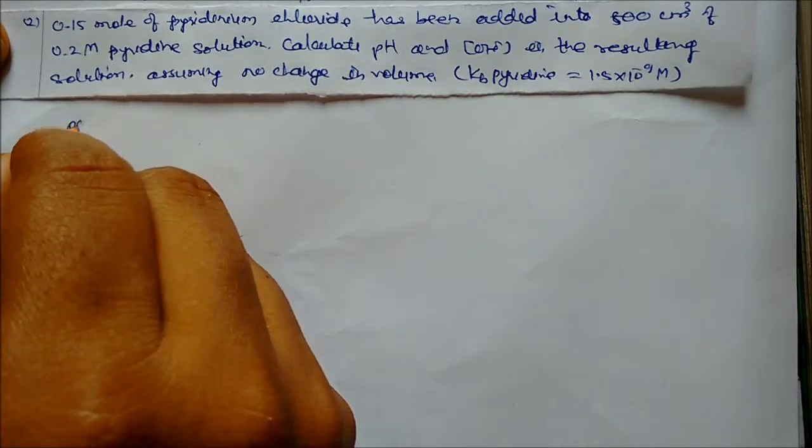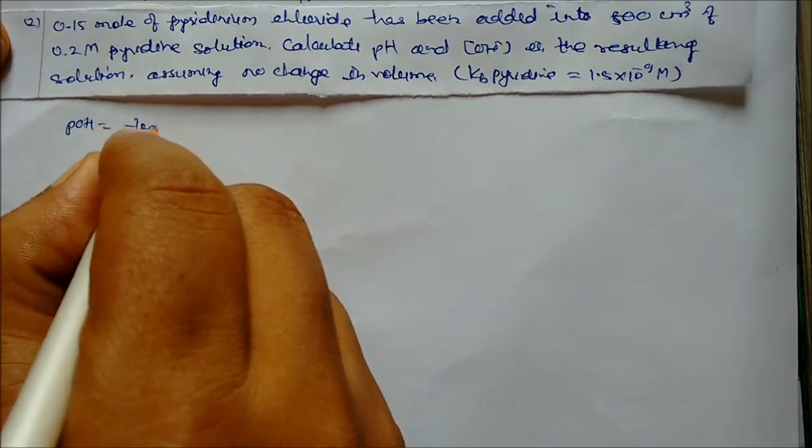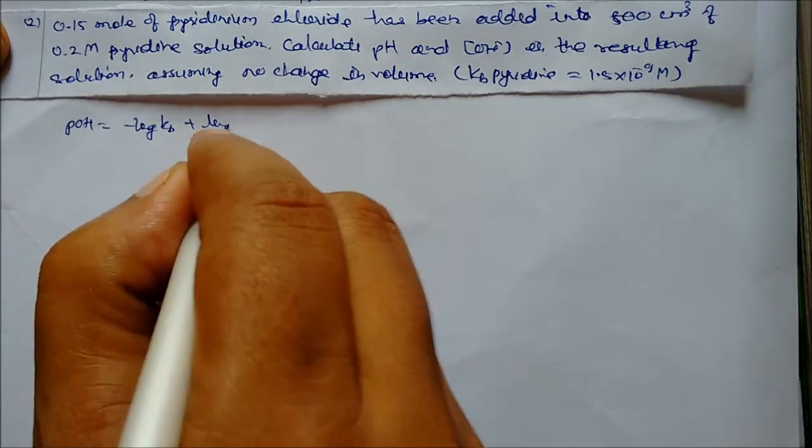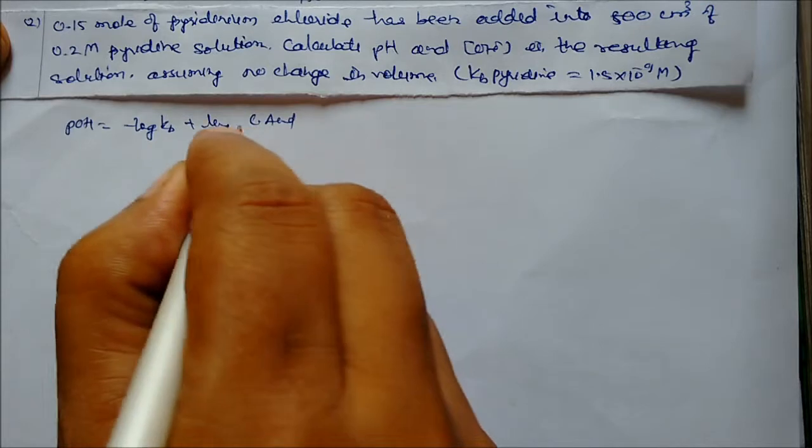So for a basic buffer, pOH is equal to minus log of Kb, or you can use pKb plus log of conjugate acid by base.